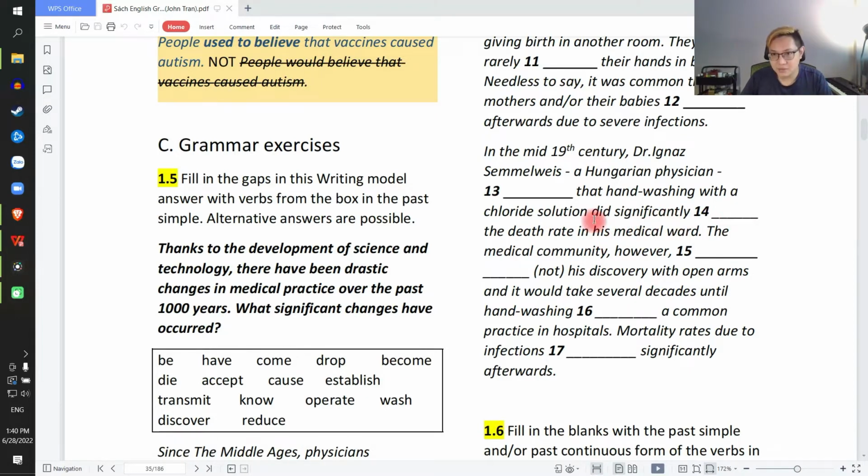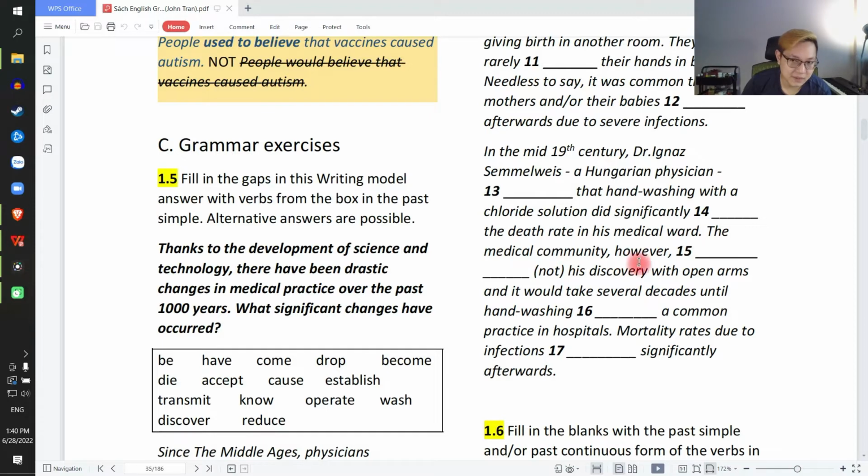Nó nhấn mạnh cái động từ đằng sau, thực sự đã có giảm thiểu đáng kể cái tỷ lệ chết, cái death rate, ở trong cái khu vực y khoa này của ông ta.